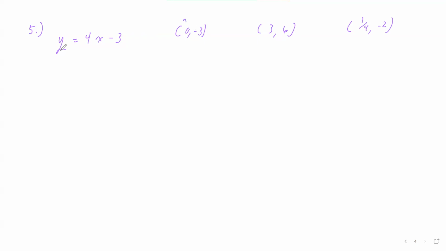So remember, these are your x's and your y's. So I'm going to replace the corresponding x and y. If I do that to this equation, what will I get? I'm going to replace this x and this y with this x and this y.